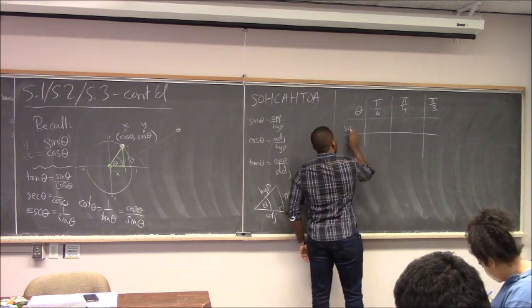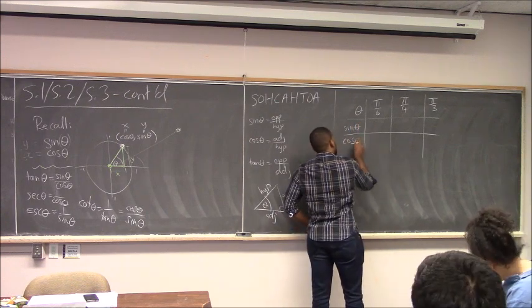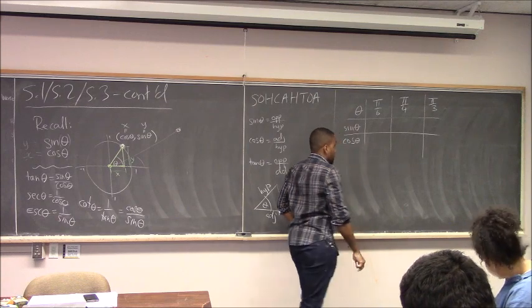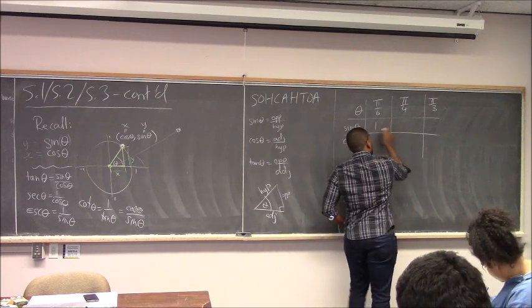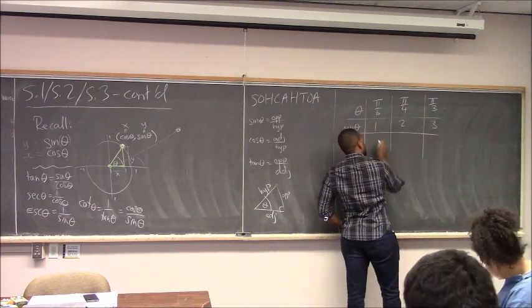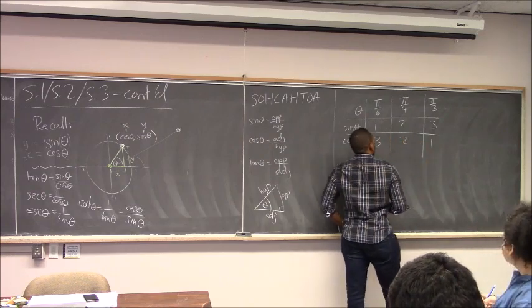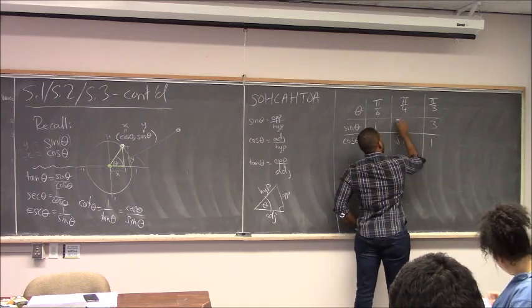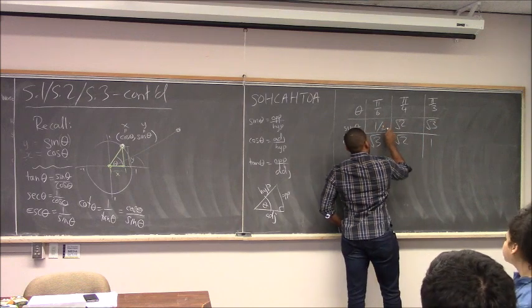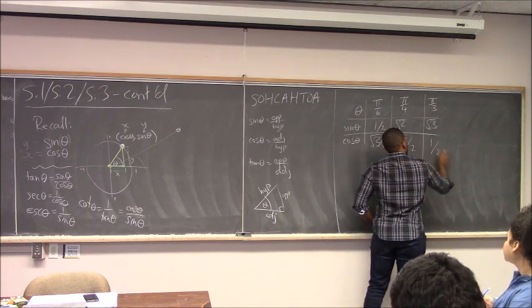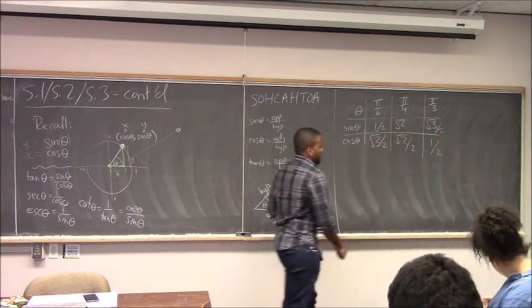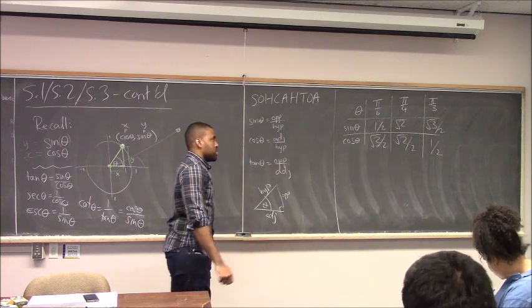But once we actually have that information, it's nice to encode it in a table where we can get the values pretty easily. And for sine, we count up from 1 to 3. For cosine, we count down 3, 2, 1. Take the radical of everybody, and then divide everyone by 2. And these are all the values of the sine and the cosine function at very specific angles.